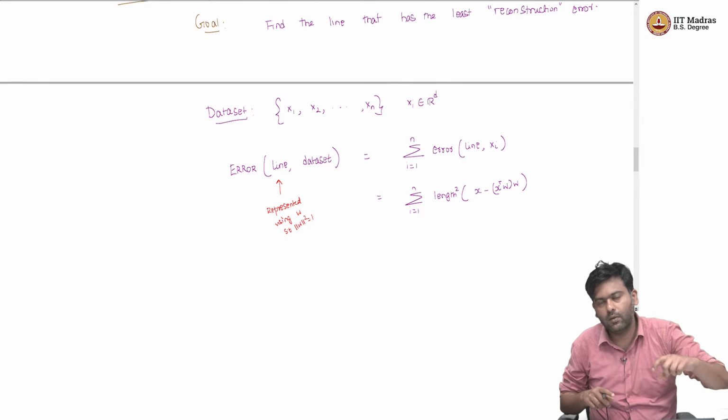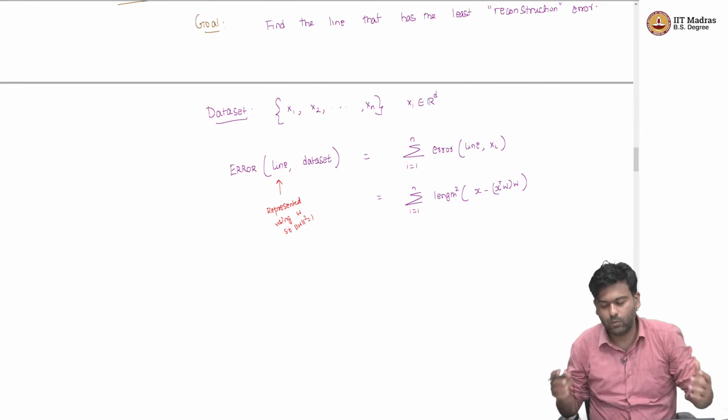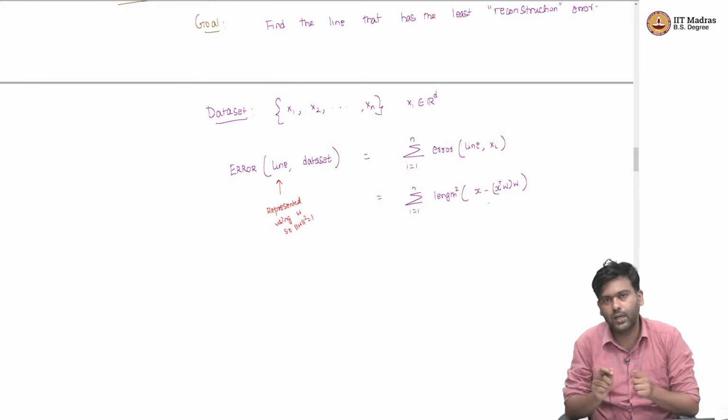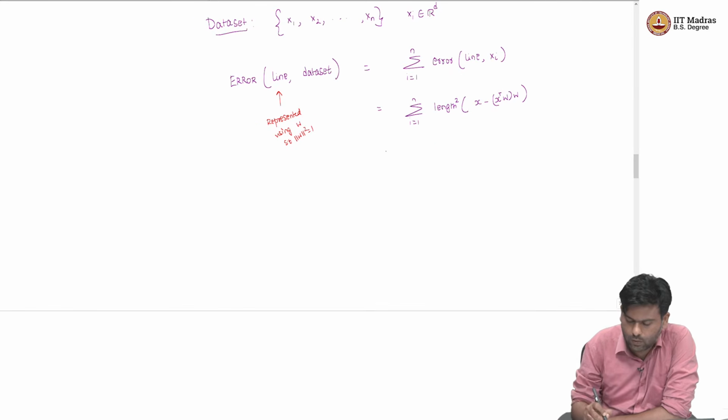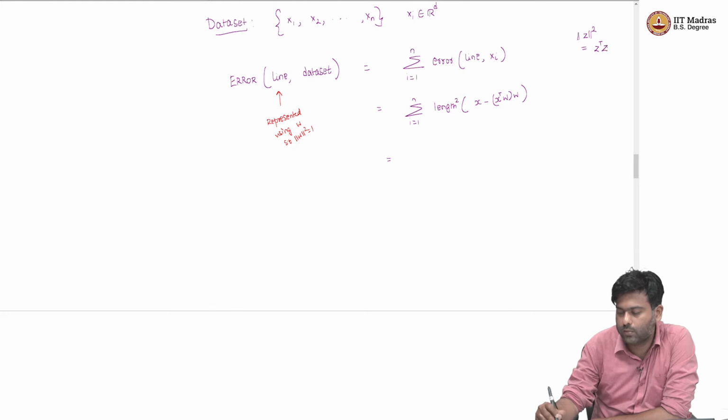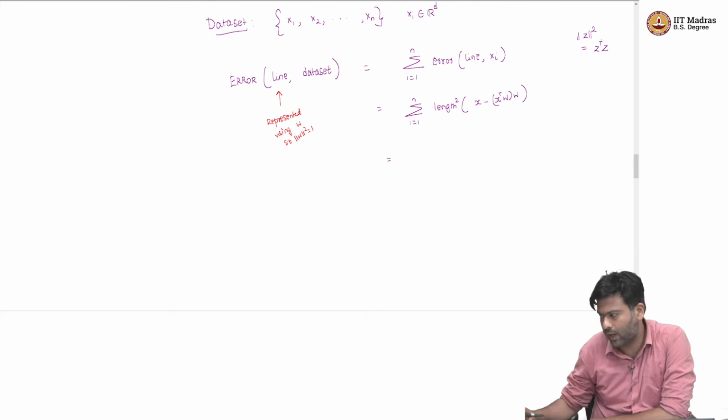So, given a line, which means I give you a w and I ask what is the error, that would be the sum of the errors for all the data points along the line. Now, what is the length squared? Well, for any vector, let us say we take a vector z, the norm z squared is just z transpose z, right. So, the dot product of a vector with itself is just its length squared.